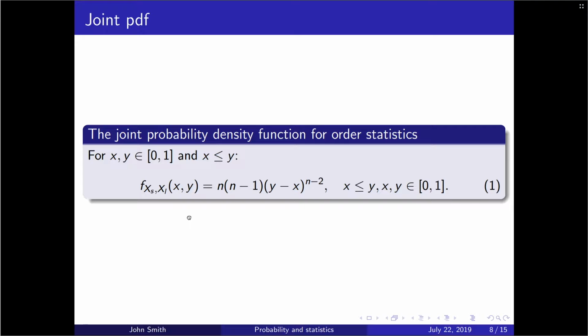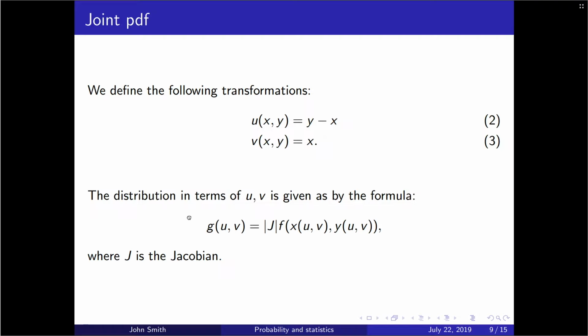This gives us an idea to change the variables for the joint probability density function so that one of the arguments has the interpretation we want, the difference between the smallest and the largest value. Then we use this joint probability density function to get an individual density function. I know I just said a lot of things, but in the rest of the video we will go through all of those steps. And let's start with the change of variables.